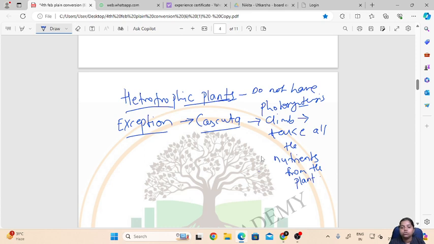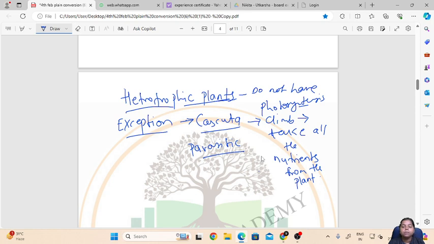That's why they are also called parasitic. Why are they called parasitic? Parasitic means they depend on another plant for their nutrient uptake, and they climb on any tree, whichever tree they find, and they depend on it for nutrition. They will suck all the nutrition from that particular plant.